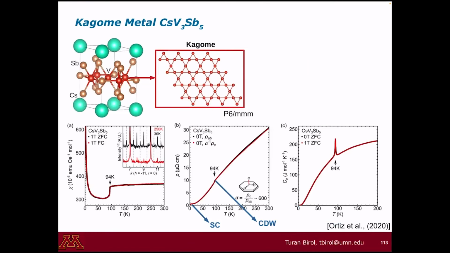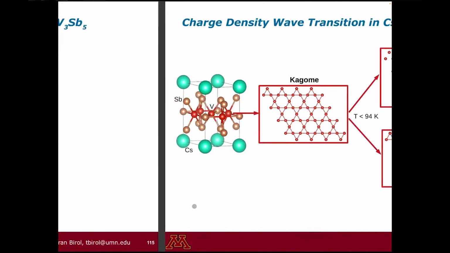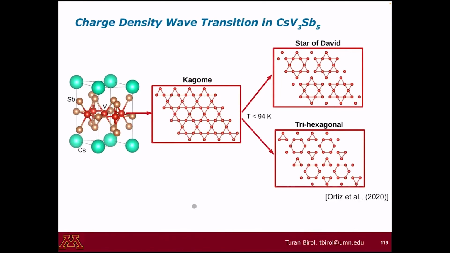But I am interested in this talk at this 94 Kelvin transition where the crystal structure changes. At the time that we started this research, we weren't sure what the exact changes were. In particular, experimentally, people could not differentiate between two different patterns. It looked like vanadium atoms drive this transition.